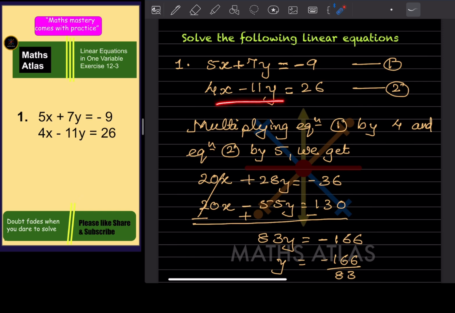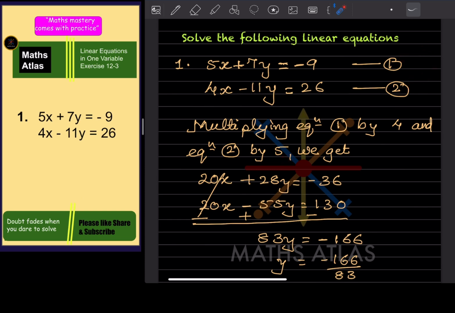So we cannot solve this directly. What we will do is multiply this equation by 4 and this one by 5, so both become 20. Since we multiply this side by 4, the other side should also be multiplied by 4, and the same with 5. The same thing is written here: multiplying equation 1 by 4 and equation 2 by 5.